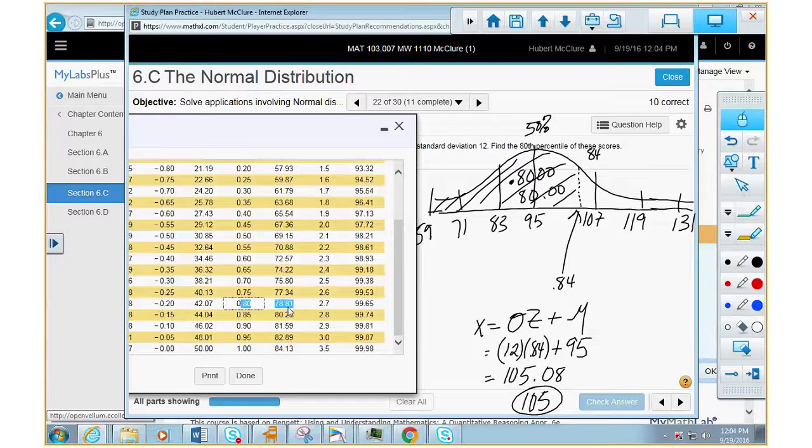Let me show you what I'm talking about. 80 is going to be pretty much in the middle, right? So I'd say it's probably 0.825, or 0.83, because it says round to the nearest whole or whatever. So I'm going to say 0.83. Somebody type in 0.83 times 12 plus 95. What do you get?